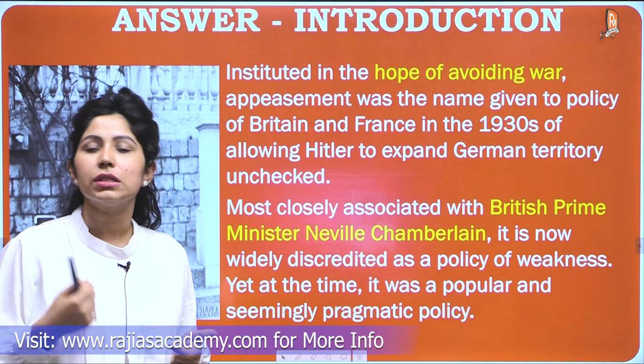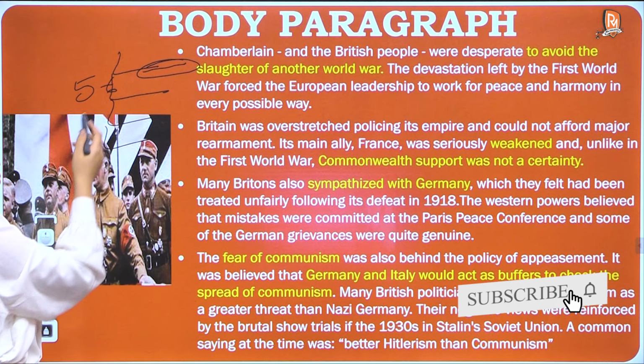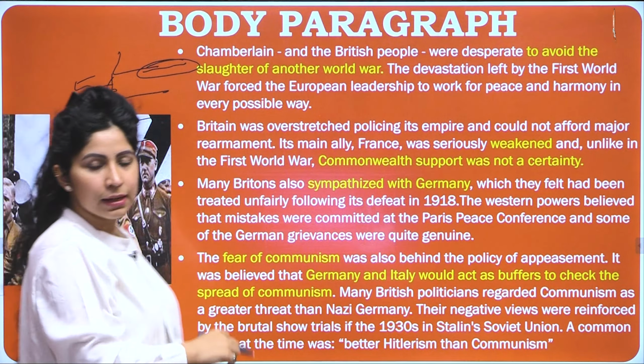If you are writing this part, the reasons of appeasement, and you surely need to write these parts, then you just have to write the keywords there or use a tree diagram as we always say. Note down the heading here or just write 4 to 5 words for each point, and write down your 5 to 6 points or whatever you have like this. Don't make it a separate section of your answer because this is not the main body paragraph.